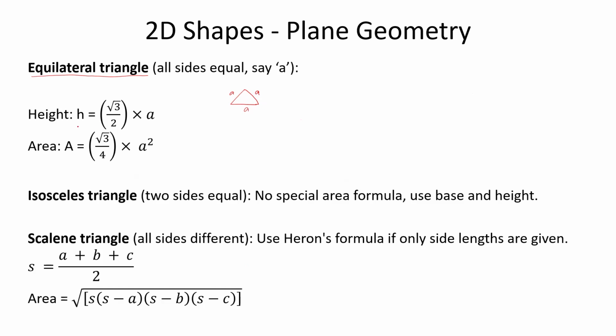Now this formula you have to remember. The height H for an equilateral triangle is equal to root 3 by 2 into A. So this you have to remember. And what is area?